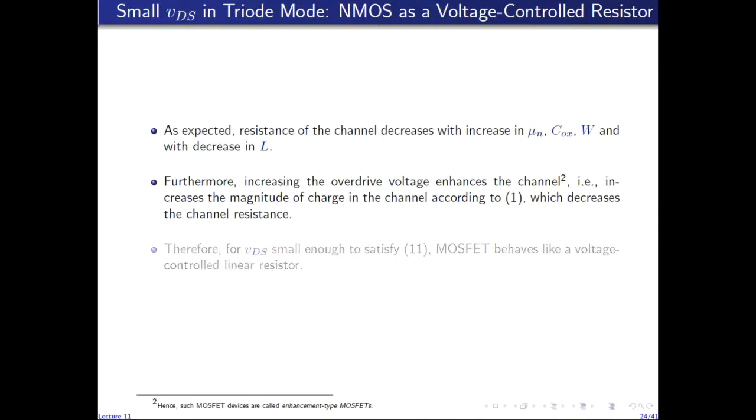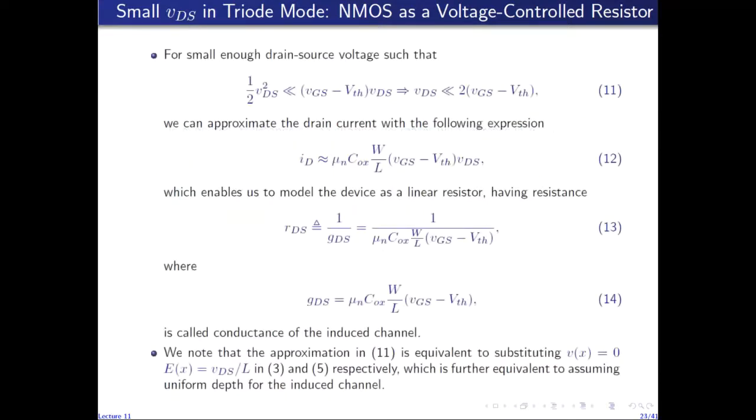So we conclude that for this enhancement type MOSFET, when VDS is small enough, its drain current and drain to source voltage are approximately given by this linear relationship, from which we can see that the MOSFET behaves like a voltage controlled resistor.